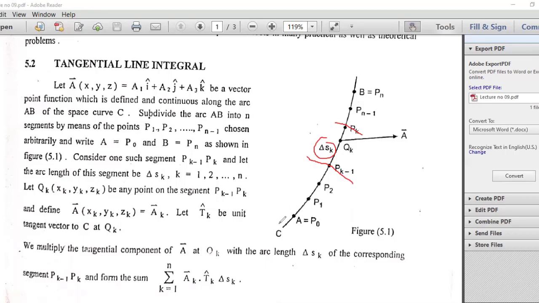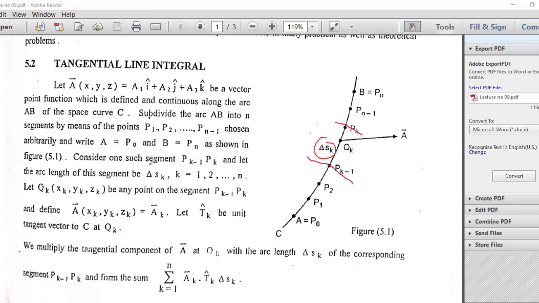Like this, here we have this curve C, and we do not apply the mathematical tools on the whole curve, but first of all we start with one segment. We take one segment and start working on it. If our working on this segment holds, then we apply similar working on this arc C, which is known as AB.